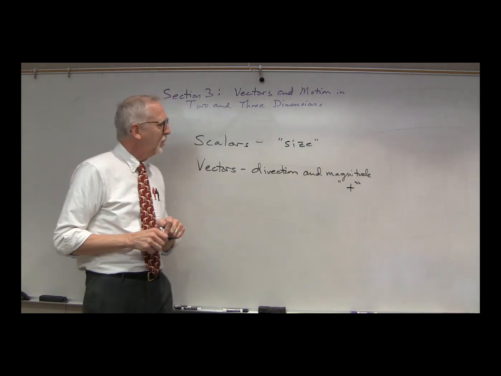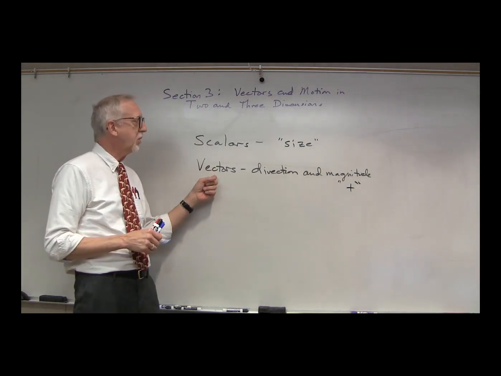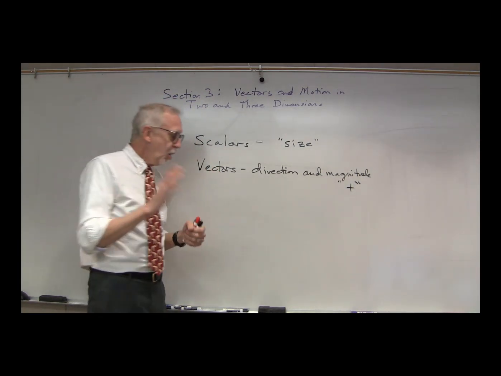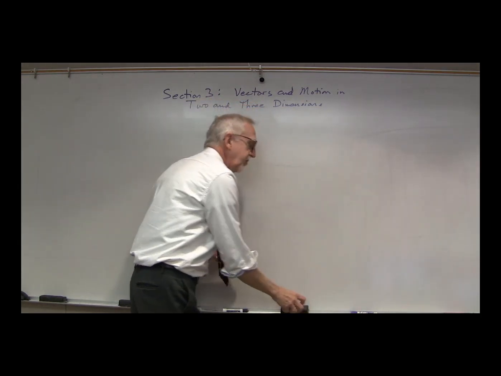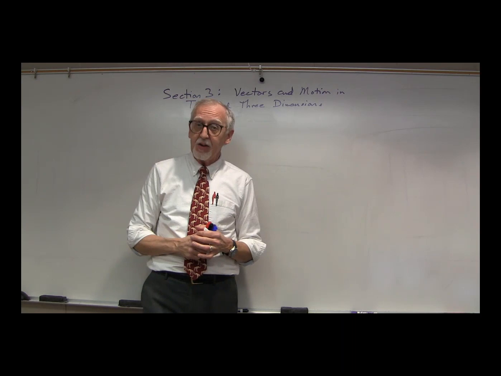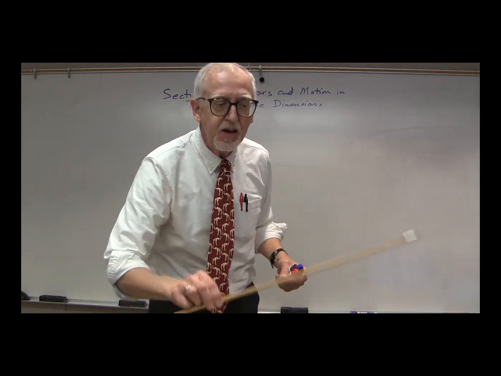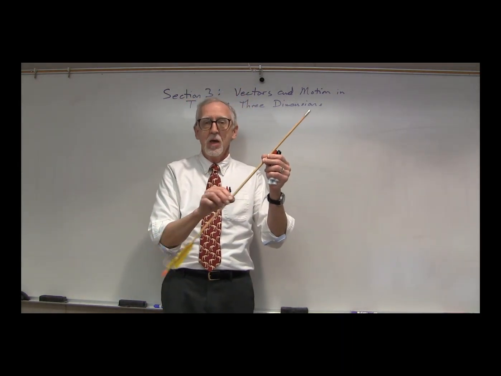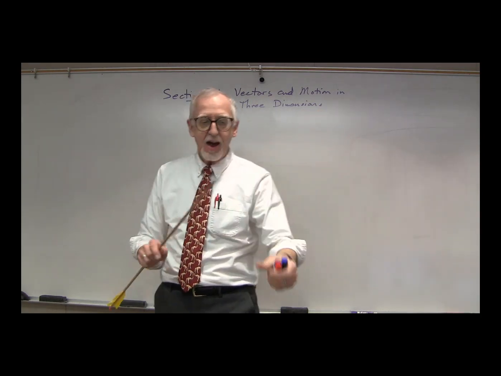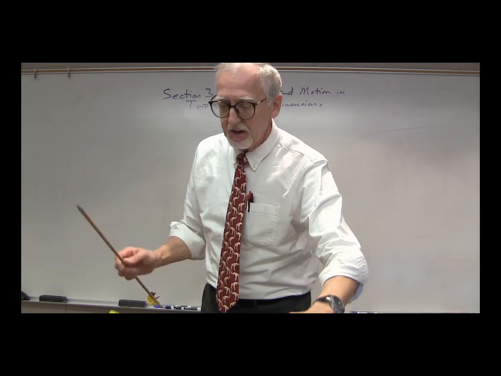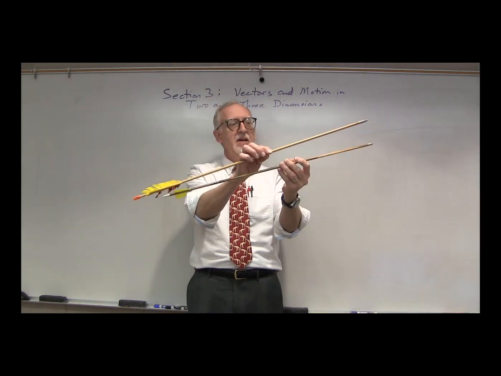Okay, so how do we describe these things? How do we describe these vectors? Well, physically, the easiest way to describe a vector is to think of it like an arrow. An arrow is an object with a particular length. You could have arrows with different lengths. Here's a longer arrow, here's a slightly shorter arrow.